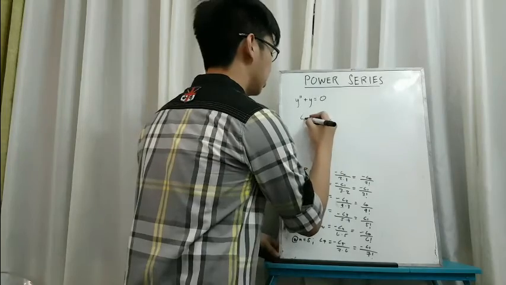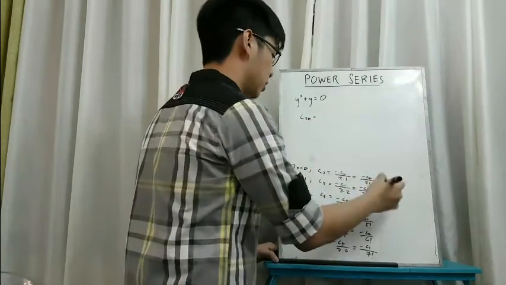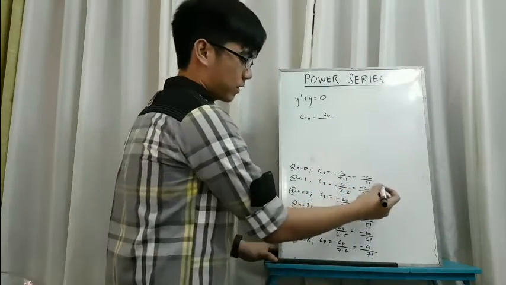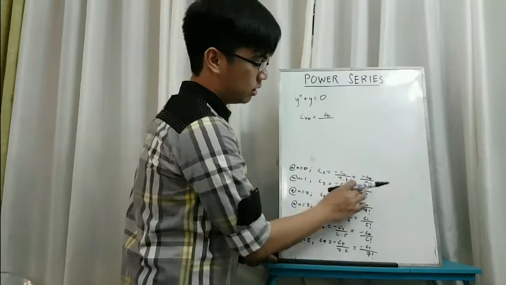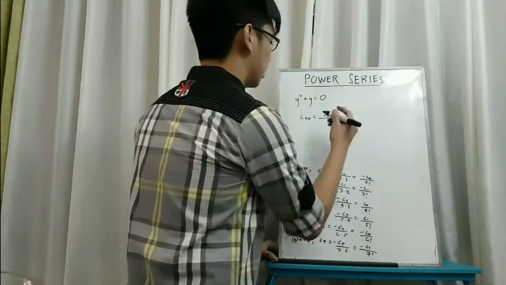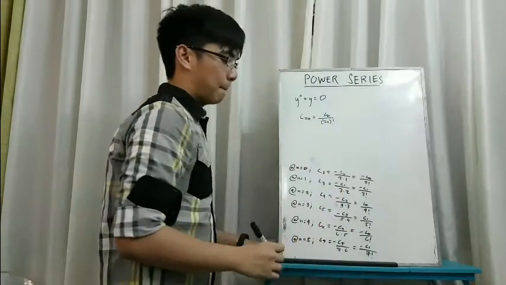So at C2, this is represented by even numbers. So this is C0 all over, as you can see, also at even numbers. This can be represented by 2n factorial.